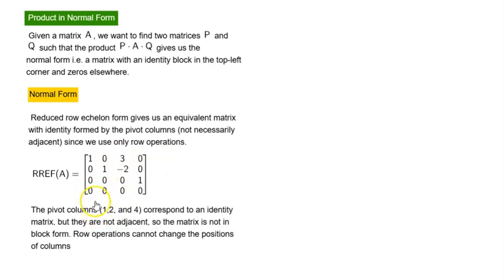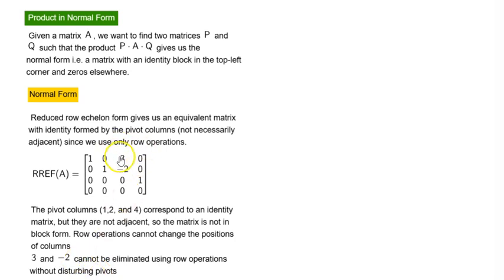The pivot columns, the first, second, and fourth columns, correspond to an identity matrix, but they are not adjacent. So the matrix is not in block form. Row operations cannot change the positions of these columns.